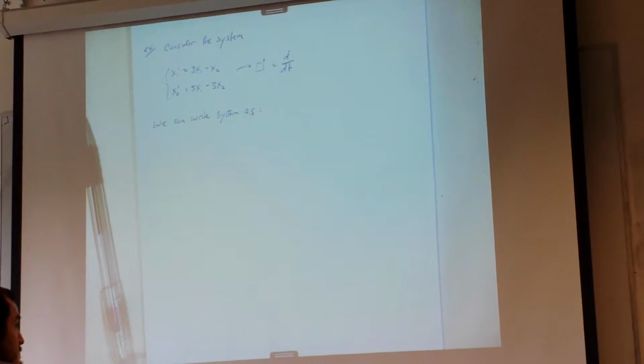Now, if you differentiate this, and if this is a vector function, if you called it r or something, then the derivative of it is just the derivative of each component. So if I take the derivative of a vector function, it's literally just x1 prime of t, x2 prime of t.